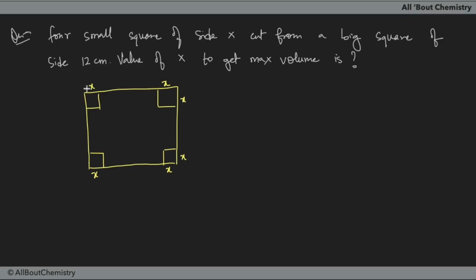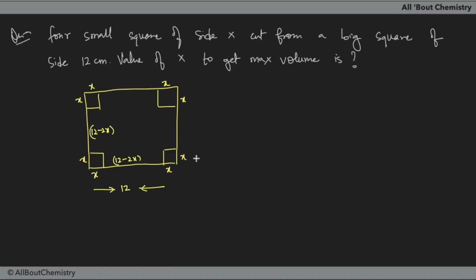So if the total length was 12 units, this remaining side is going to become 12 minus 2x, and this side also 12 minus 2x.